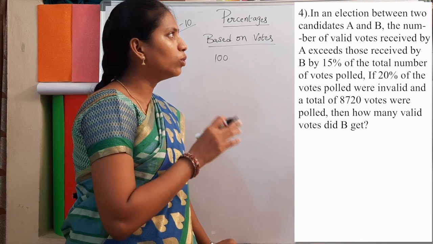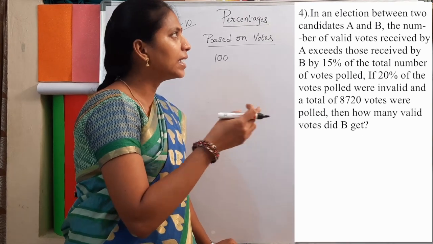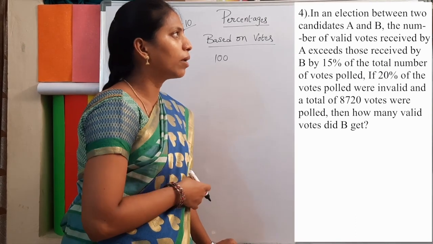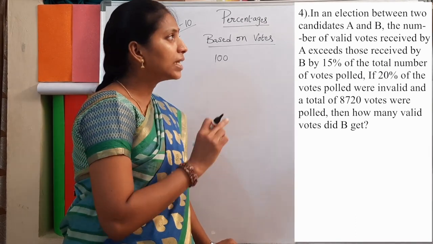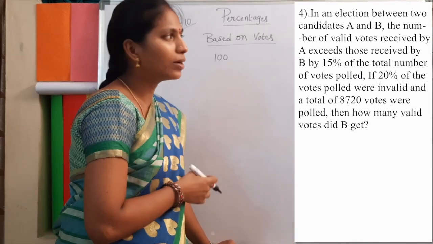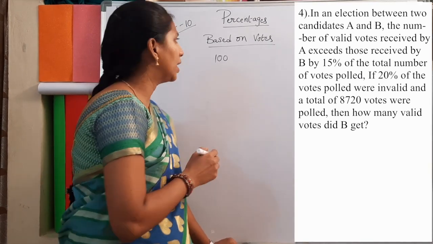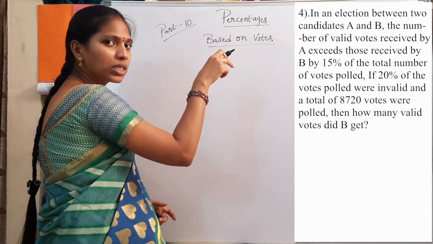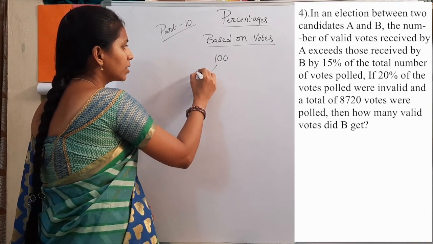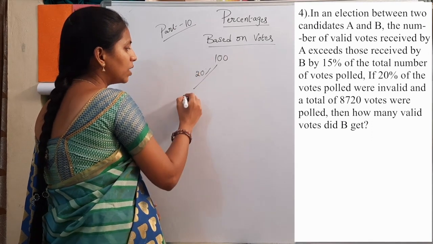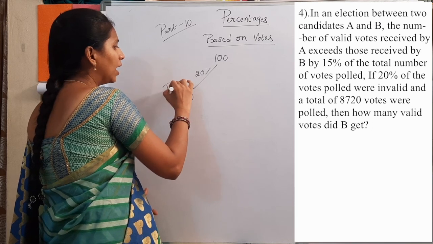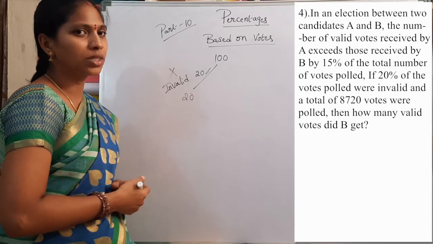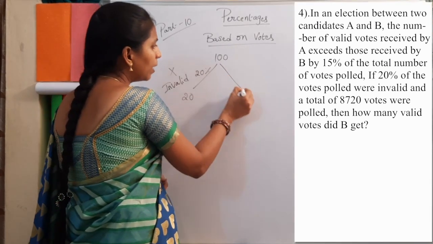The number of valid votes received by A exceeds those received by B by 15% of the total number of votes polled. And see the next one. If 20% of votes were invalid, 20% of votes means 20. These are invalid votes.